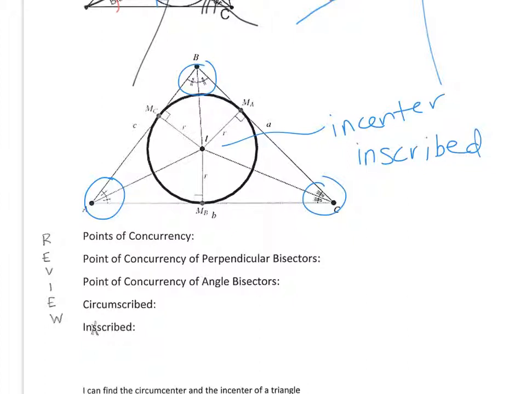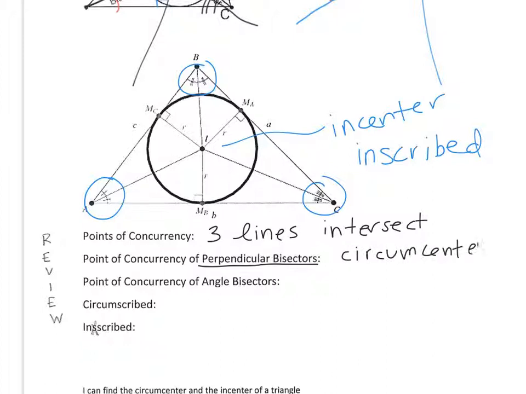So let's review some vocab. Points of concurrency is where three lines intersect. The point of concurrency of the perpendicular bisectors is called the circumcenter, and the circle is outside the triangle.